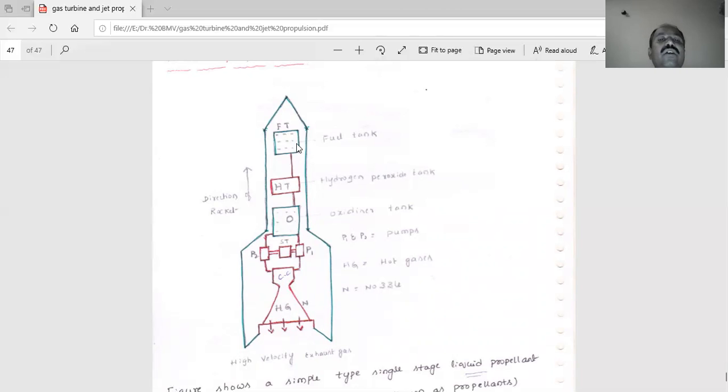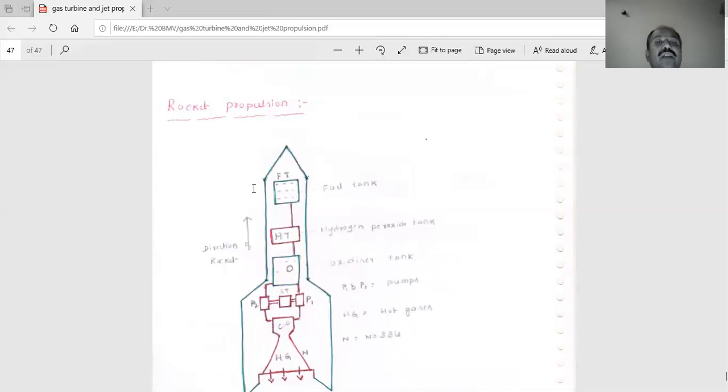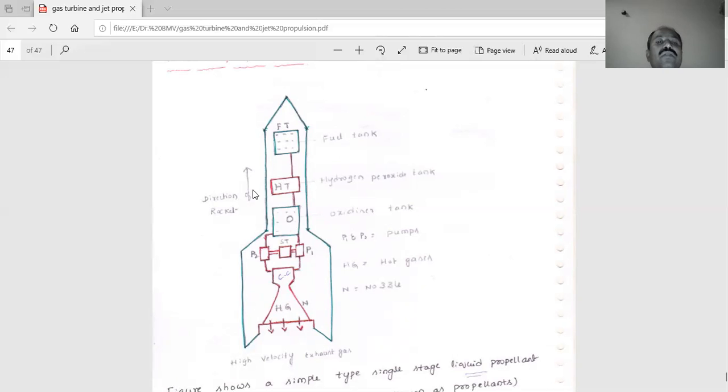It consists of a fuel tank, hydrogen tank, oxidizer tank and pumps. These pumps are driven by a steam turbine, which runs the pumps. Then the propellants are passed to the combustion chamber, and through the combustion chamber, high velocity exhaust gas leaves through a nozzle. These are the components existing in rocket propulsion.